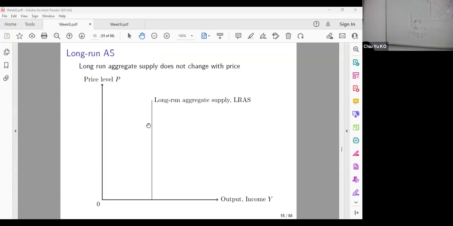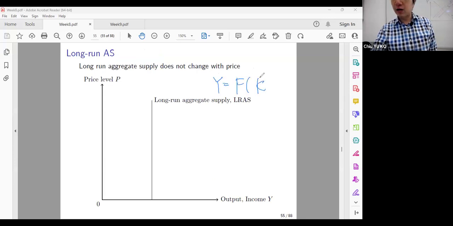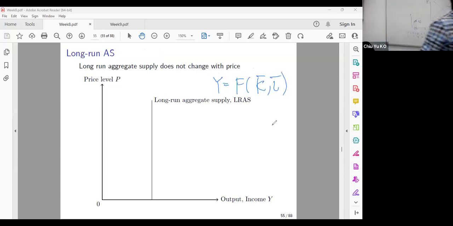Now we have the long run AS, what we have said, right? Because in the long run, the output is determined by a very simple factor, right? The output is just F of K and L, right? So in the long run, how much you can produce depends on how much labor you have, how much capital you have, how good your technology is, right?